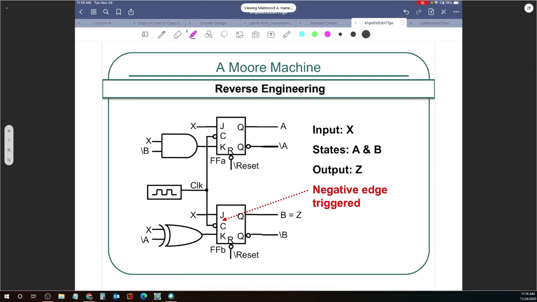Can you guys spend a minute or so looking at this circuit and telling me how do you know it's Moore? Like, what makes it classify as Moore?